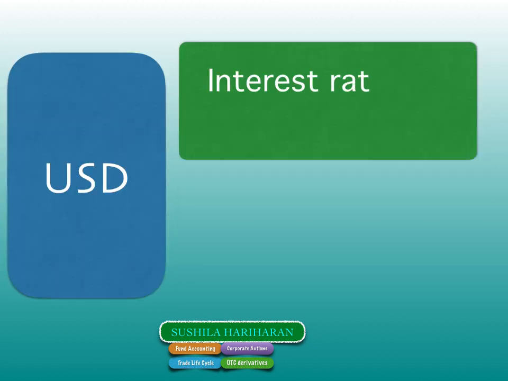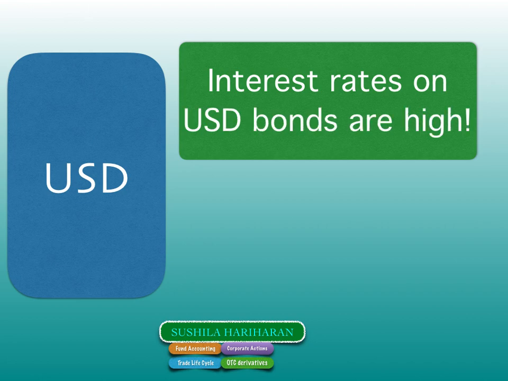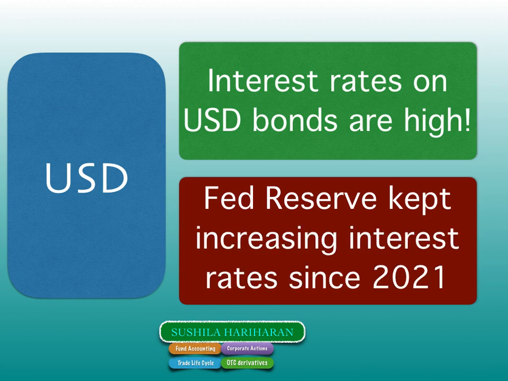The USD, on the other hand, the interest rates on the USD bonds are high. This is because, as you know, in the last 2 years, ever since the lockdown has been relaxed, the Federal Reserve has kept increasing the interest rates, right? The T-bill rates have been increasing, the Fed rate has been increasing, because the US dollar is the currency facing super inflation in the US economy.